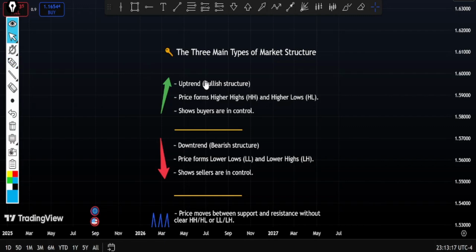The first market structure is called an uptrend, the bullish structure. Price forms higher highs and higher lows. It shows buyers are in control.